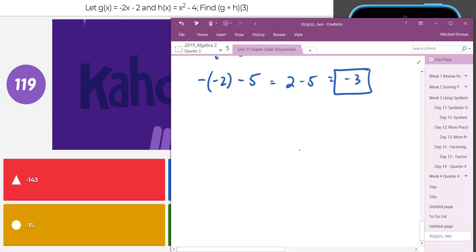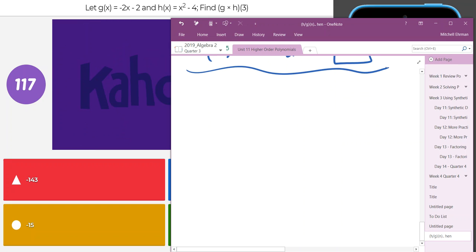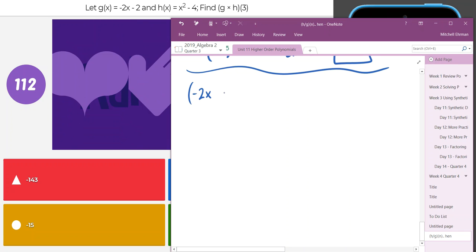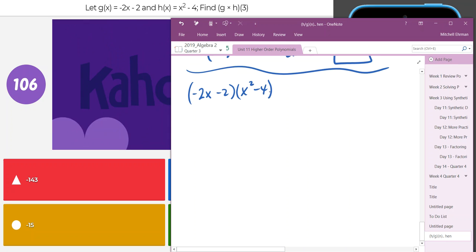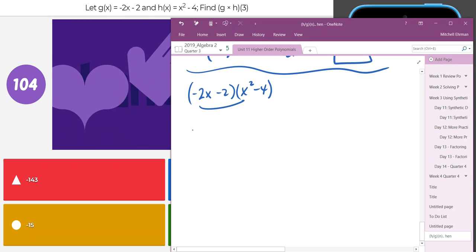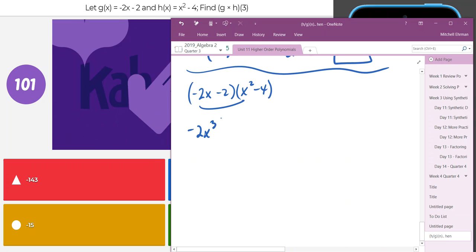Here we've got a multiplication problem in front of us, so let's go ahead and multiply these two binomials. The function g is negative 2x minus 2. The function h is x squared minus 4. So if we FOIL these two together, we get negative 2x to the third power.